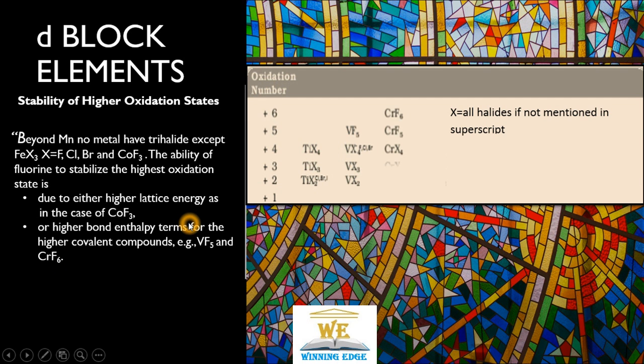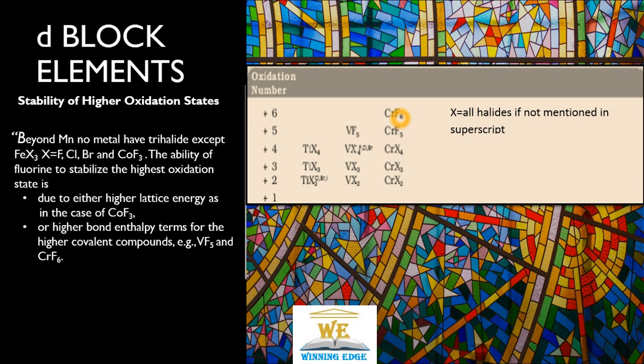Next is chromium. For chromium we have all fluorides, chromium hexafluoride, pentafluoride. The reason is small size: chromium can accommodate only fluorine around it in the hexavalent state, because accommodating 6 big iodine or bromide anions around small size chromium is not feasible for such a high oxidation state.